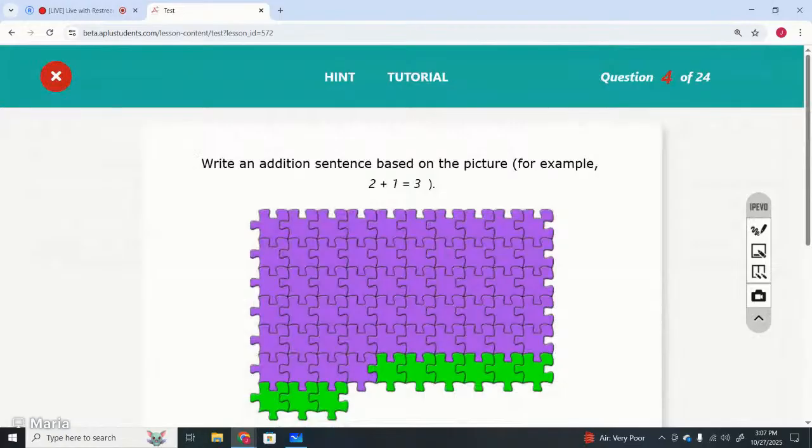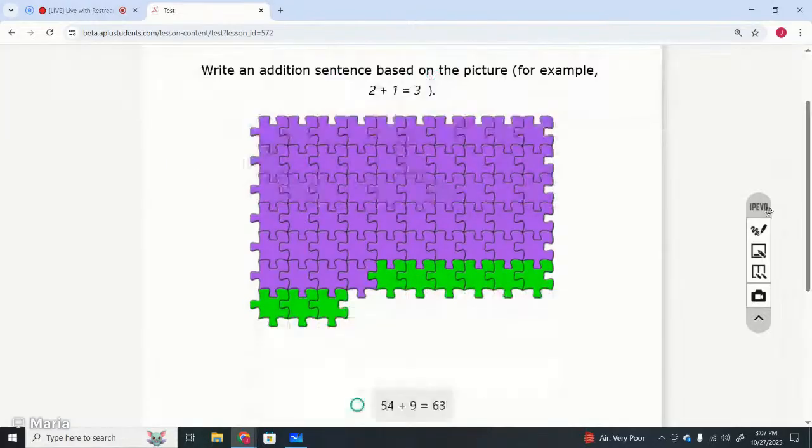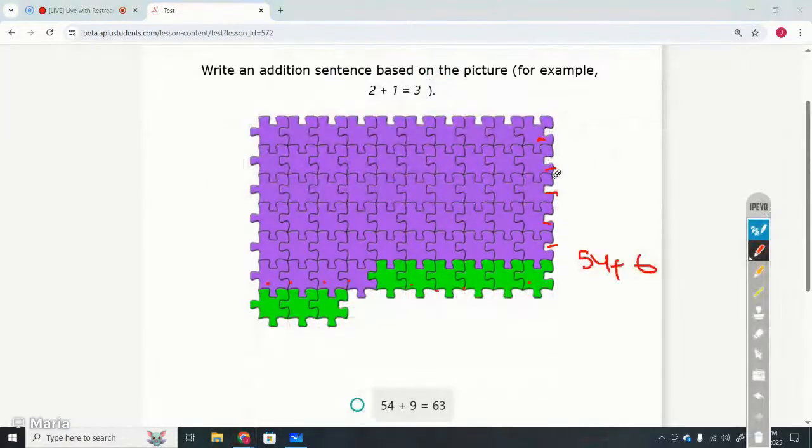Write an addition sentence based on the picture. So they are 10, 20, 30, 40, 50, 51, 52, 53, 54. And then 1, 2, 3, 4, 5, 6, 7, 8, 9. So that is 54 plus 9.